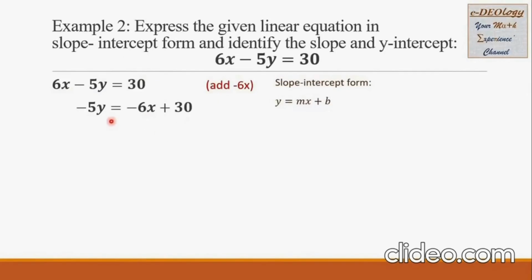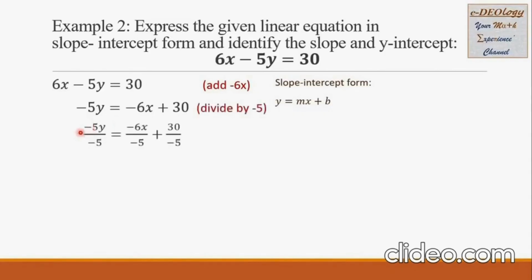And then we want to make the y to have coefficient of 1. But in here, there is coefficient of negative 5, so we will divide the equation by the coefficient of y, which is negative 5. So we have here negative 5y divided by negative 5 equals the negative 6x over negative 5 plus 30 over negative 5.